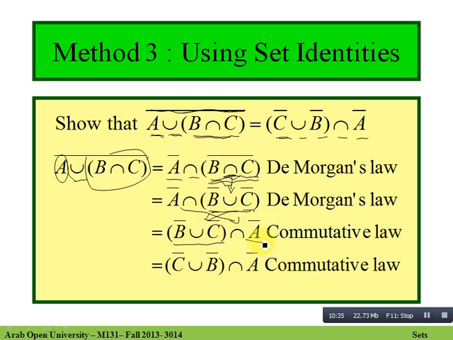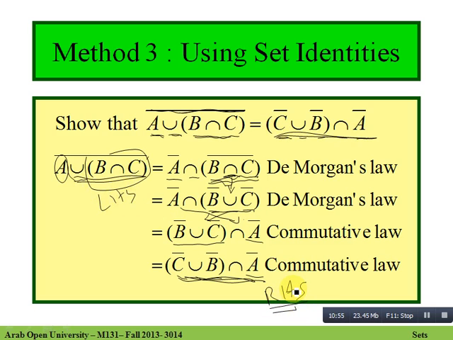Now according to the commutative law, B complement union C complement is equal to C complement union B complement. So we write C complement union B complement intersection A complement. We reach the right hand side. So we started from the left hand side and we reached the right hand side, hence it is proved.